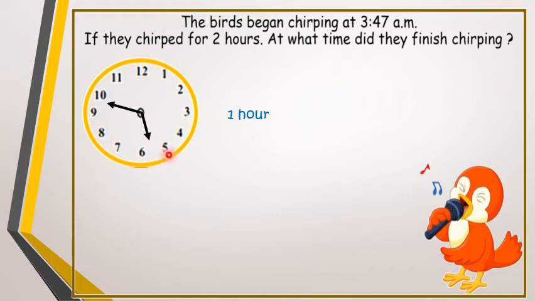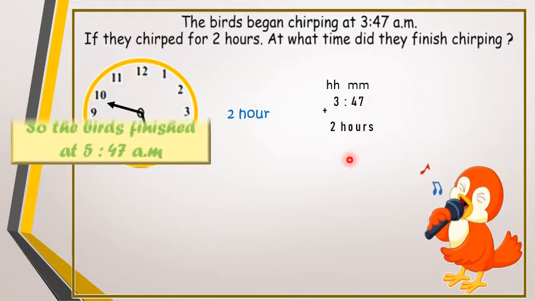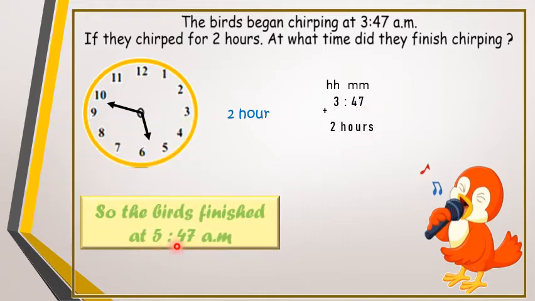And the next hour will be between 5 and 6. So it's 2 hours. So if I add 2 hours to 3:47, it will be 5:47 a.m.